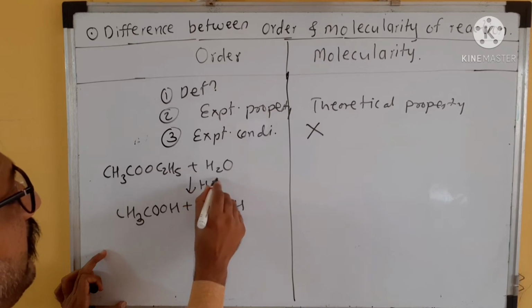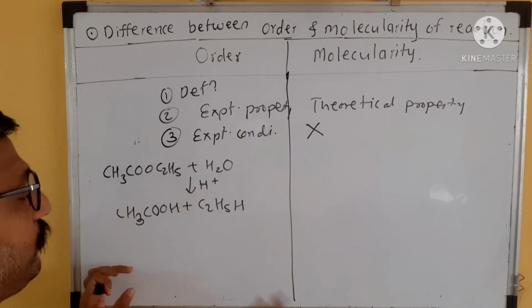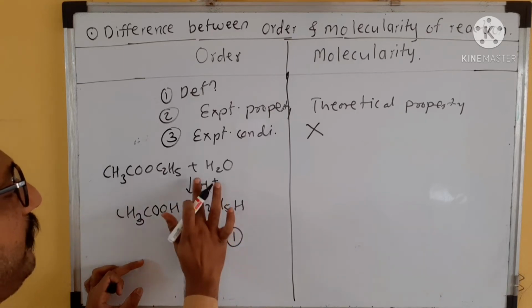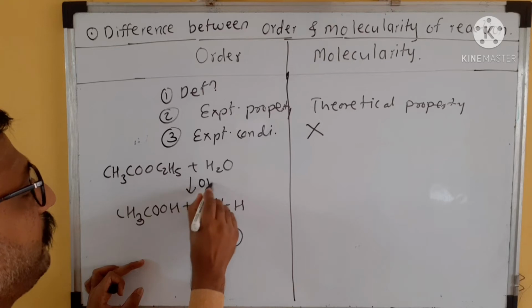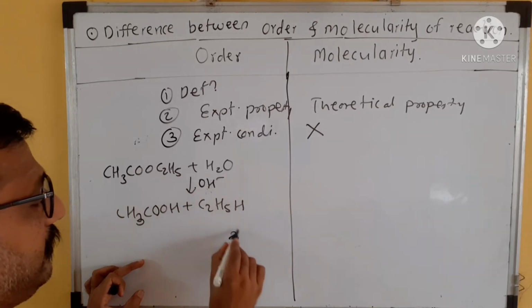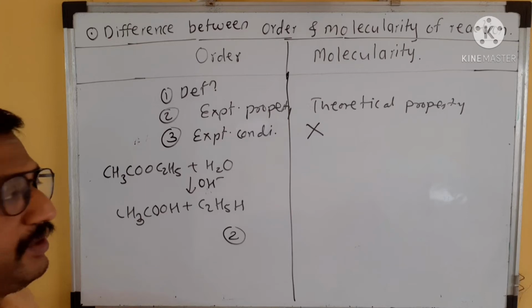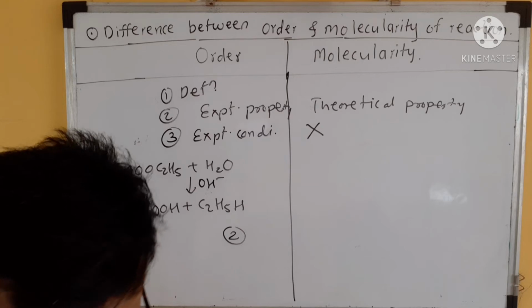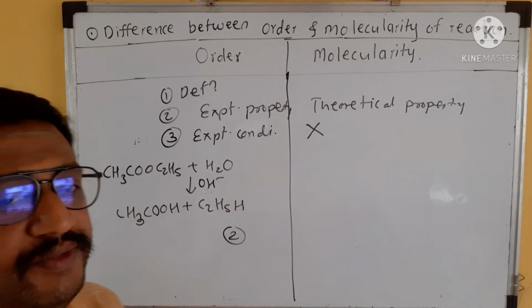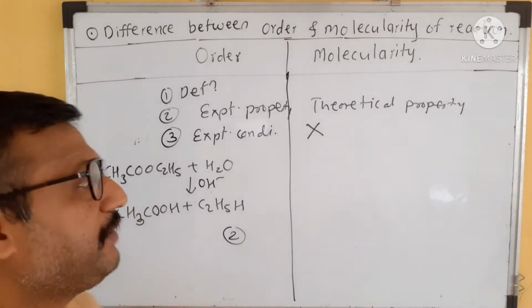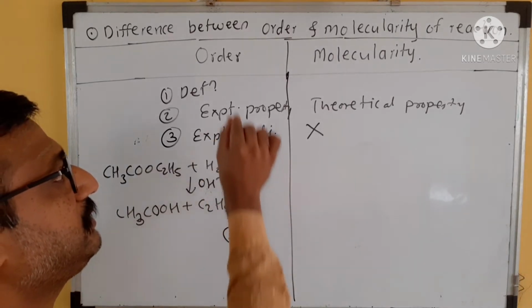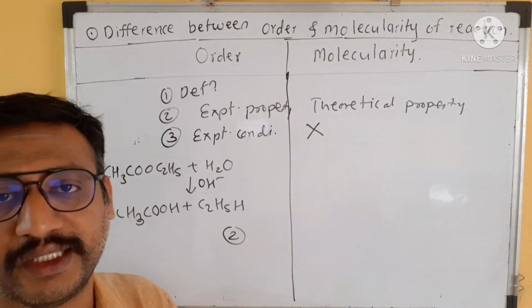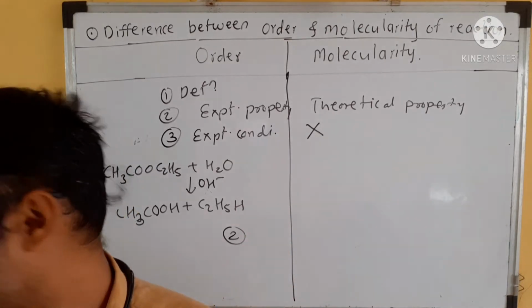If this reaction is carried out in an acidic medium, the order of reaction is 1. The same reaction in a basic medium, OH minus, has order 2. So when the experimental condition changes, the order of reaction may change, but the molecularity of the reaction does not change. It remains identical.